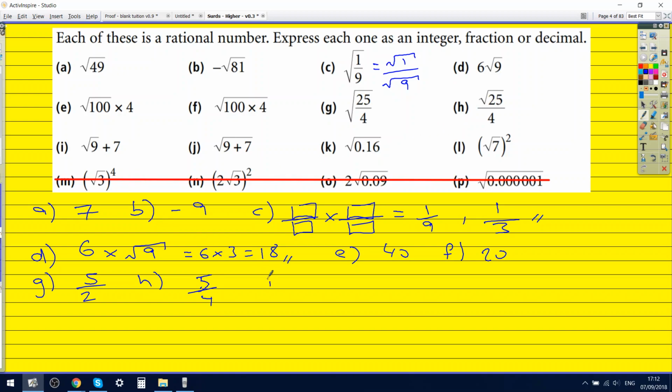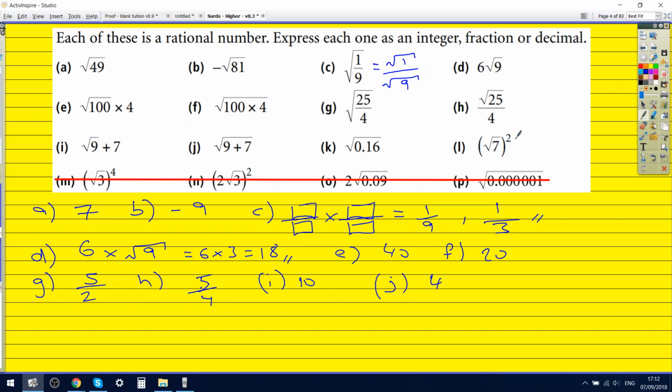How about part I? 10. And J? Four. Well done. And so I and J is to show you that you can't add a square root to a normal number. So you can't mix a normal number with a square root number.